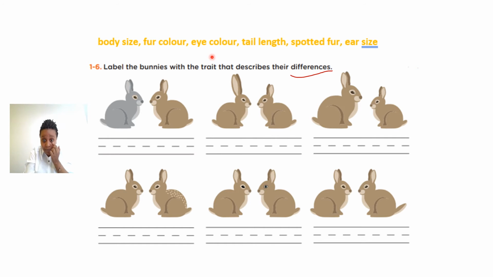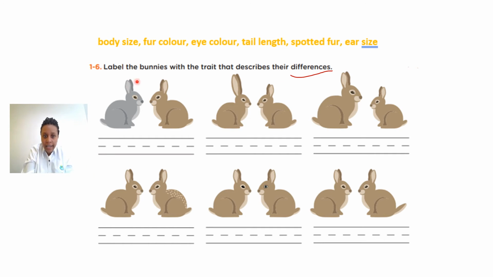Eye color. Okay. Tail length. So is it a long or short tail? Spotted fur. So we have to look at the fur. So they all have furs, but does the fur look the same? Ear size. So is the ears short or long?